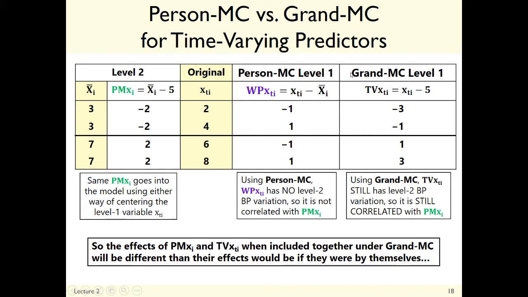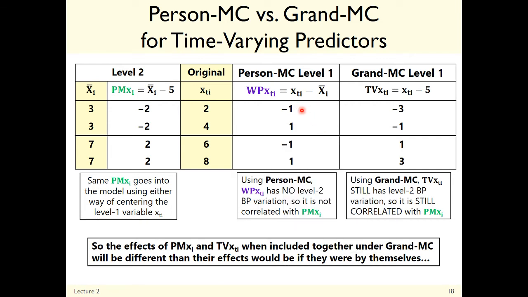Now the 2 choices for what goes in at level 1 are over here. What we just did is person mean centering. We take the original time varying predictor, and we remove the level 2 person mean variance from it. So all that's left is relative information.